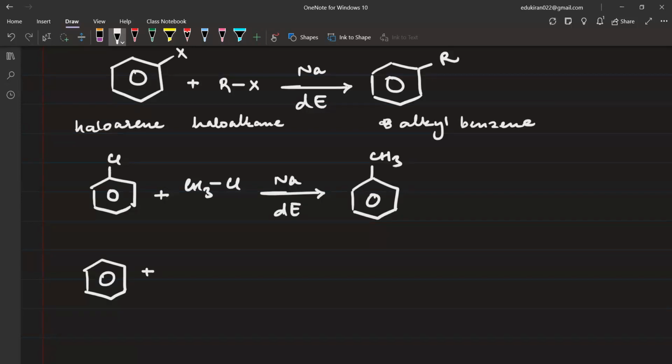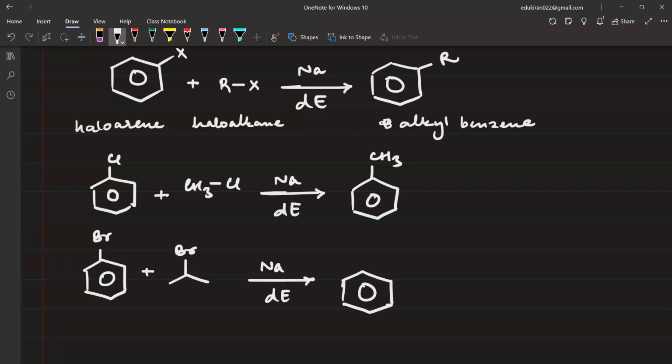And if you have, let us suppose, something like this, having Br here and Br here, in the presence of sodium and dry ether, this carbon will be attached to this carbon atom, right? So you can write it like this and then attach both of these carbon atoms. This will be isopropyl benzene.